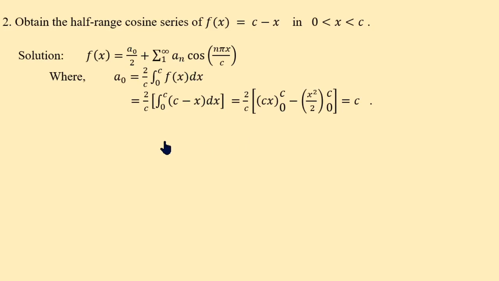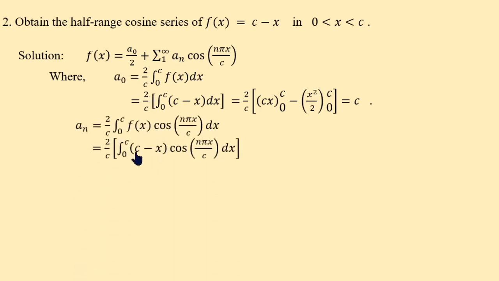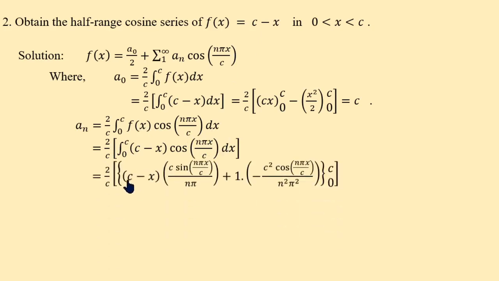To find an, same formula, 2 by c f of x cos n pi x by c dx. 2 by c integral f of x, that is c minus x, cos n pi x by c. Now c minus x first function, derivative of c minus x is minus 1, therefore it becomes plus 1.